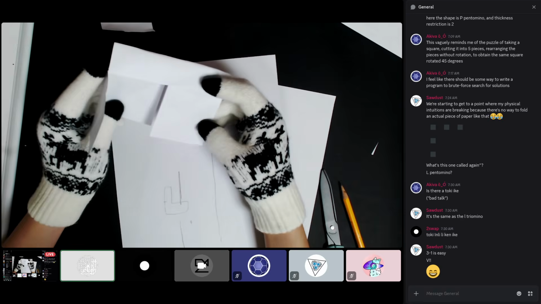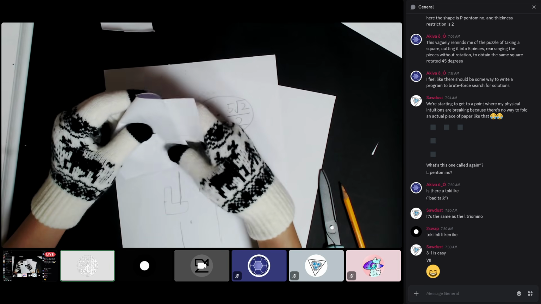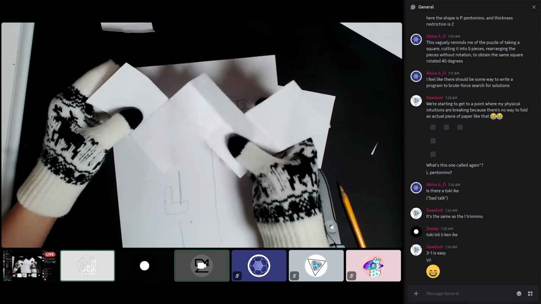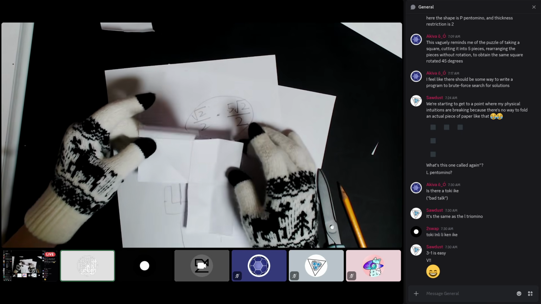A large part of it, I think, is the fact that there's not a lot of rows or columns that are reduced to 1. Like, there's not a lot of rows and columns that have exactly 1. So that's a huge part of the problem.